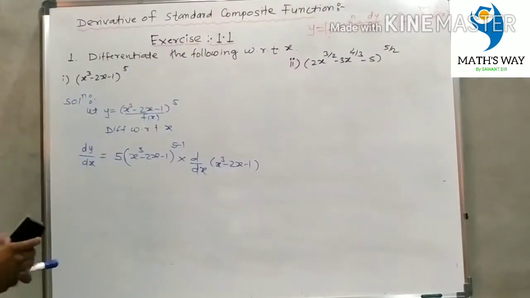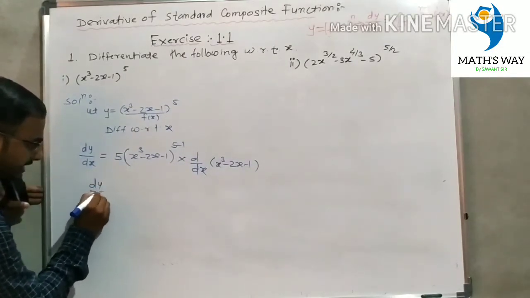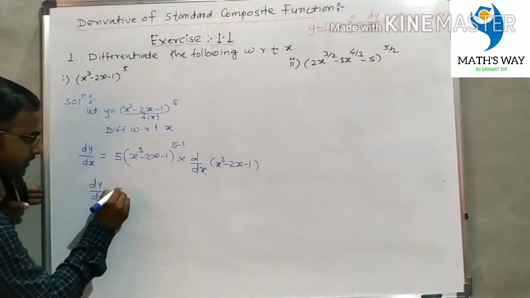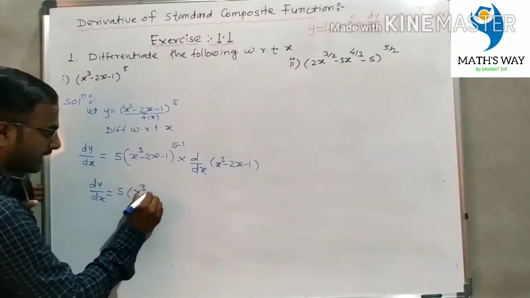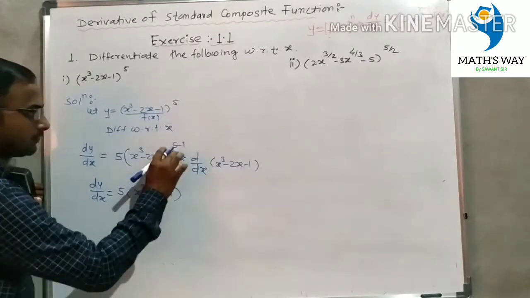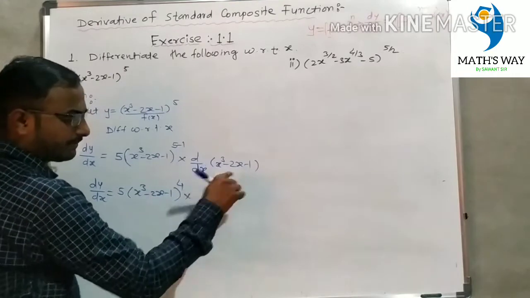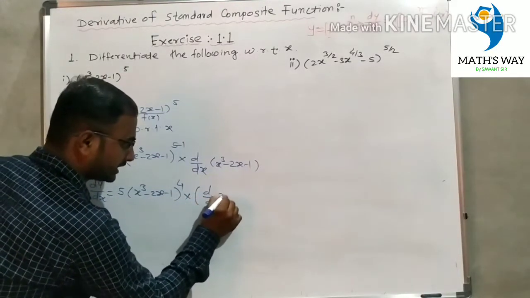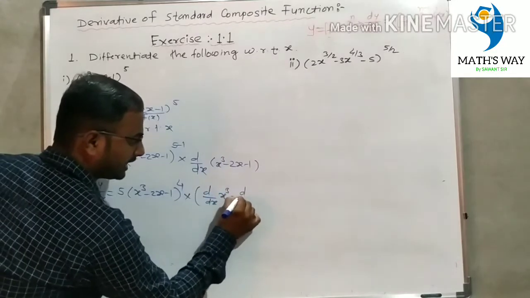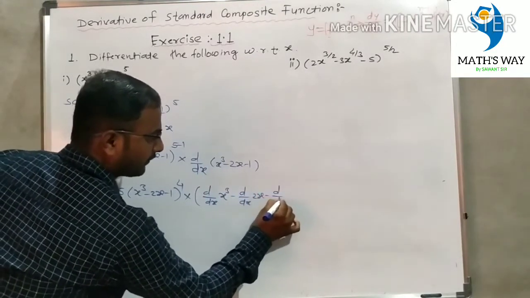So now to solve, dy by dx is equal to 5 into (x cube minus 2x minus 1) as it is, to the power 5 minus 1, that is 4, into the derivative. Separately, the derivative of x cube minus the derivative of 2x minus the derivative of 1.